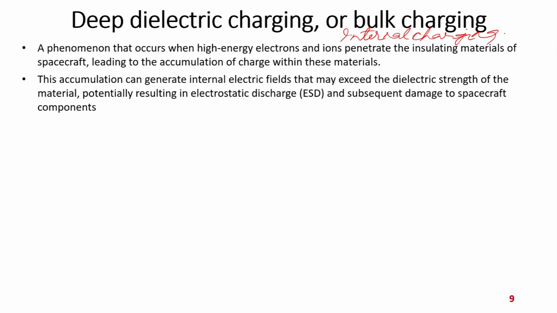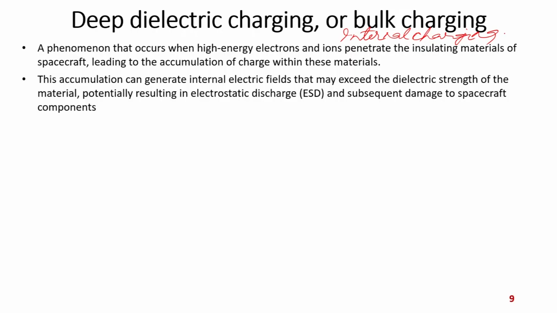Electrostatic discharge means the dielectric is no more an insulator; it can forcefully become conducting. That happens only at very high voltages, and when that current passes through the dielectric, enormous heat is generated, because the dielectric has very high resistance.